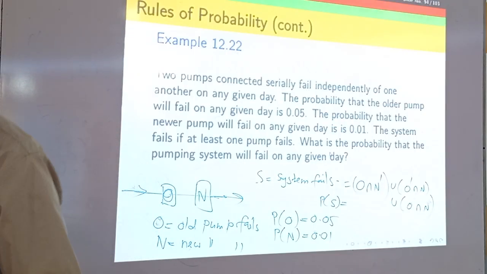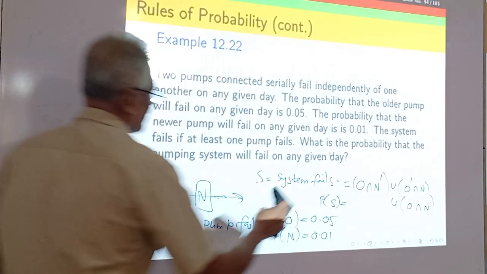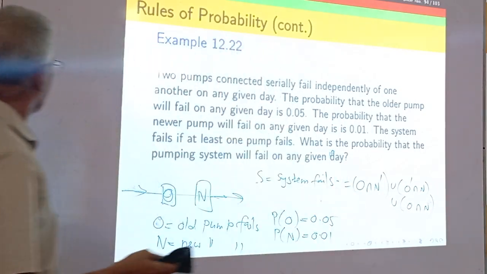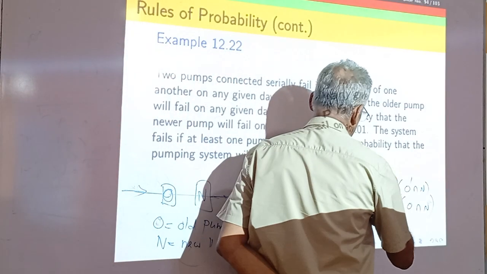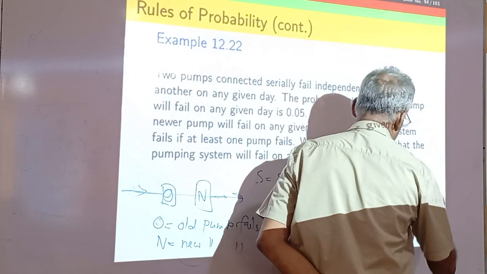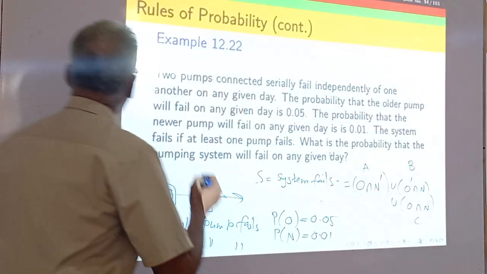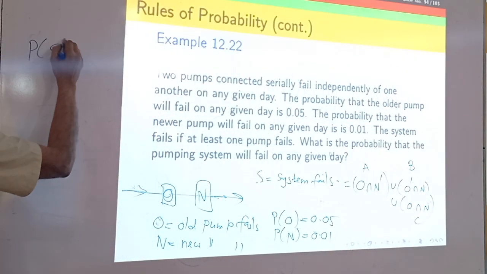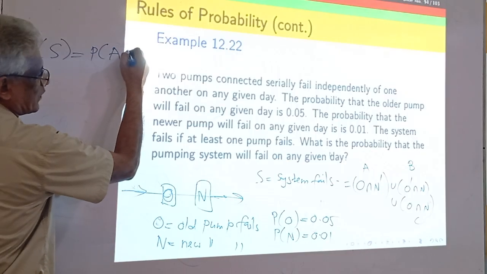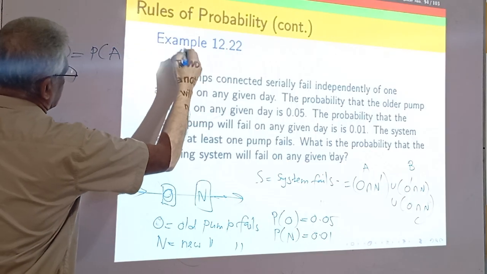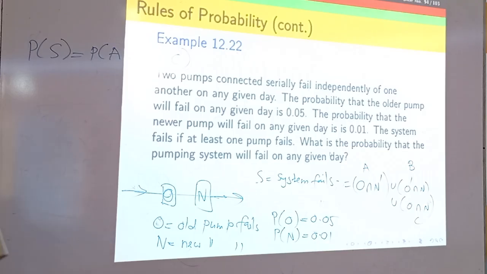So how do we apply the rules now? If I say these are, for example, A, B, C, the probability of S is equal to the probability of A union B union C. So what type of events are A, B, C? Yeah, A, B, C are mutually exclusive, right?